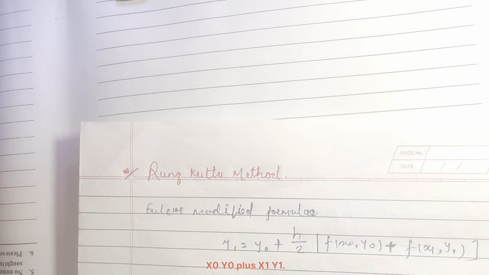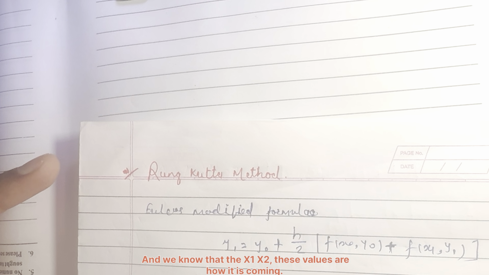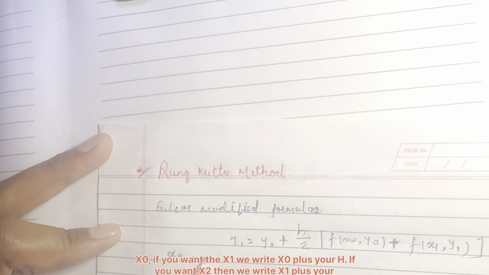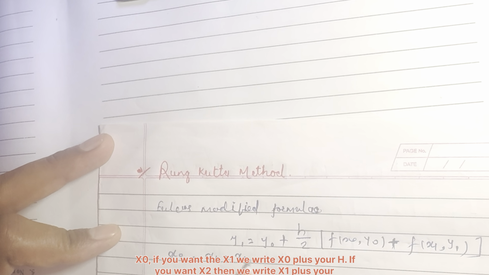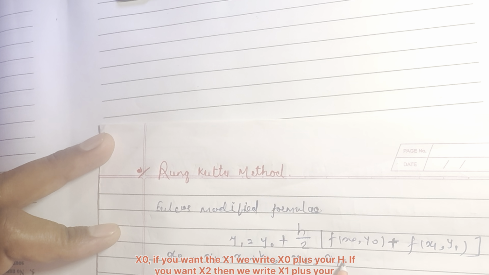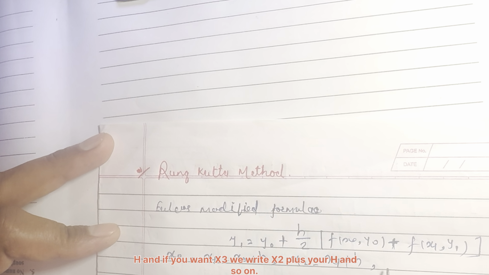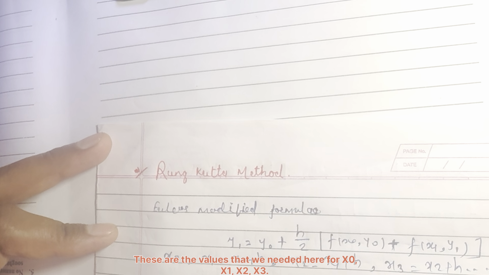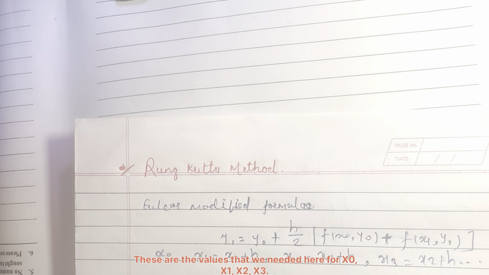And we know how the values x0, x1, x2 come. If you want x1 we write x0 plus h, if you want x2 then we write x1 plus h, and if you want x3 we write x2 plus h, and so on. These are the values that we need for x0, x1, x2, x3.